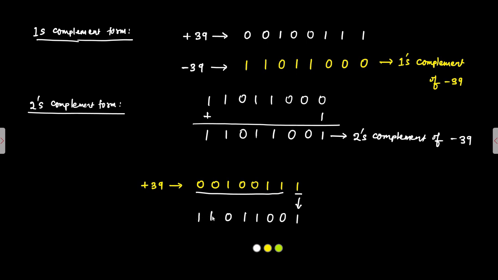So we have 1 1 0 1 1 0 0 1, same as before. This is the 2s complement of minus 39. This is the shortcut method.